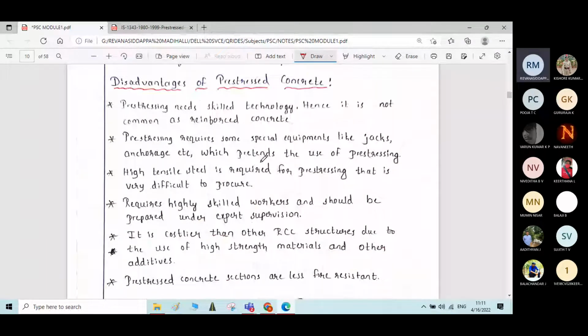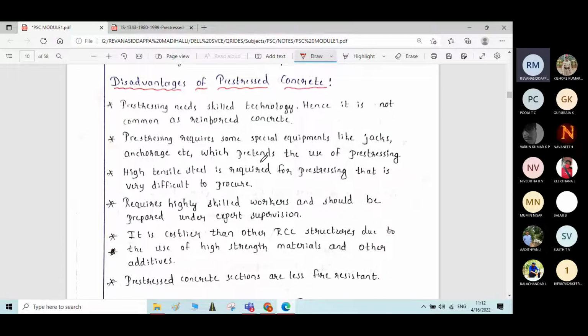And there are some disadvantages associated with PSC. The main disadvantage is it needs skilled technology. It needs skilled labor. It is not like conventional construction. It is a special construction wherein special care has to be taken. Some skill sets are required. Simply, you cannot cast prestressed concrete elements.